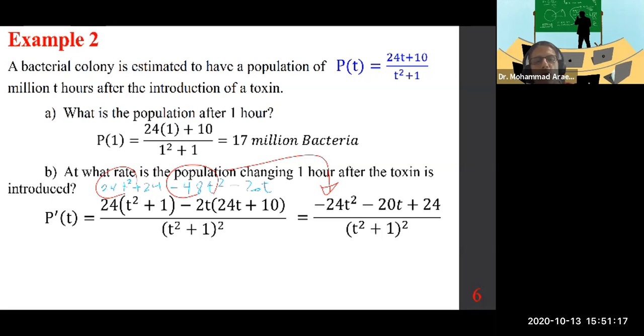If you put them in descending order, minus 20t plus 24. And so now what? You plug in number 1 and you have your answer.